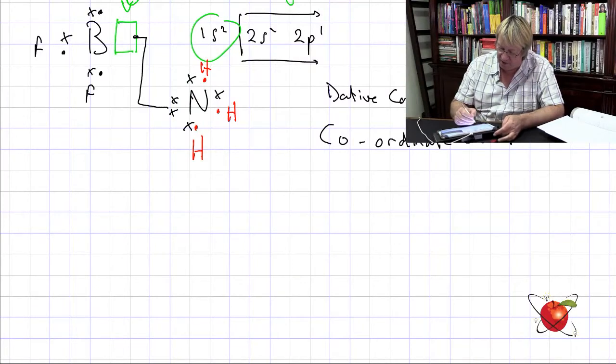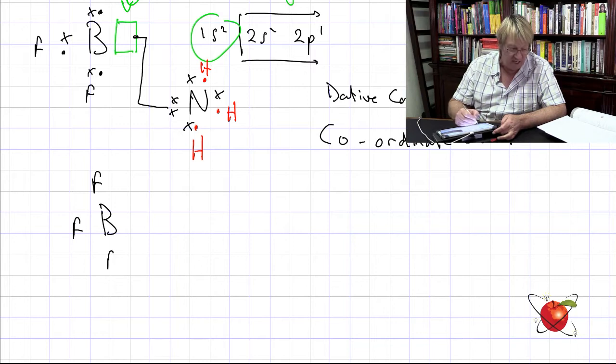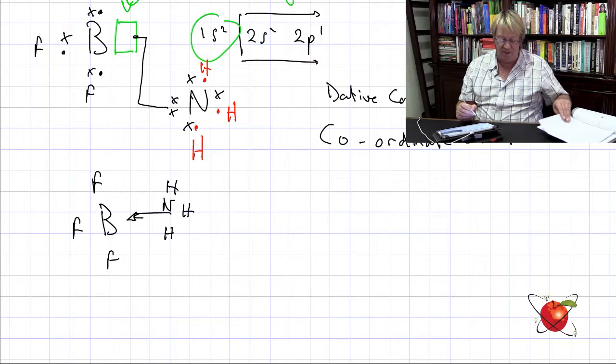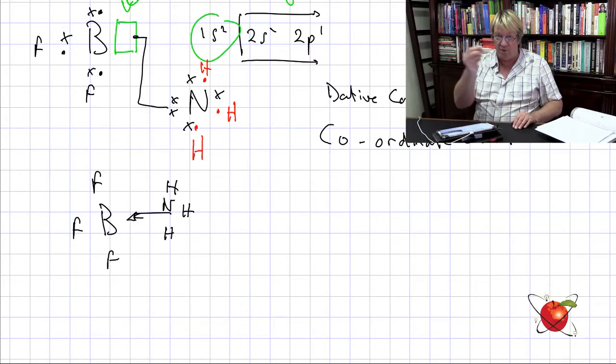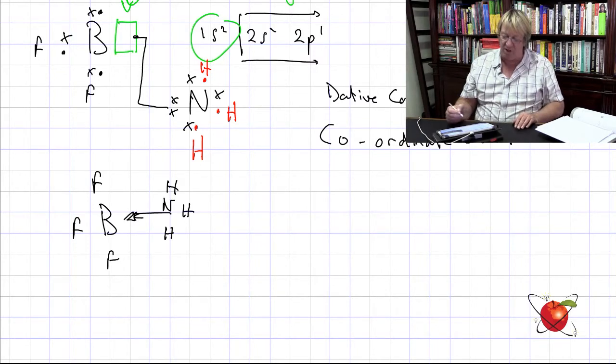A coordinate bond is shown in its structure, all right? There's a lot of these examples. Essentially, what it does is it shows that the nitrogen has gone to the boron. So when we draw it, we would say B, F, and the nitrogen H. That's how we draw it, showing that the nitrogen has gone to form the dative covalent bond, is shown with that arrow.